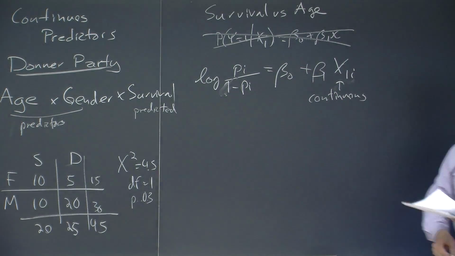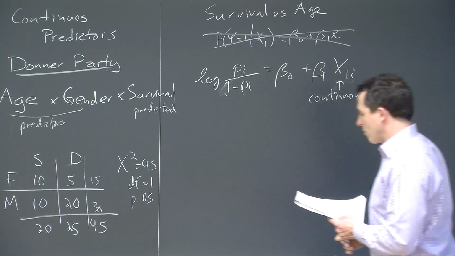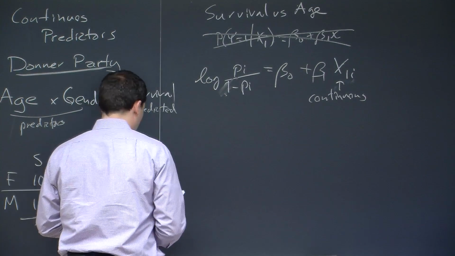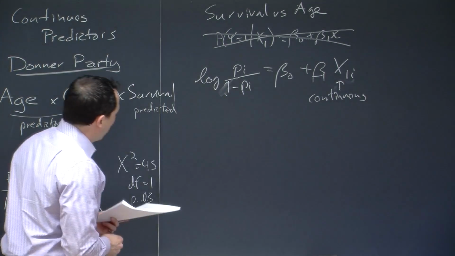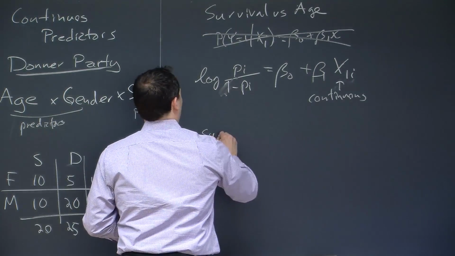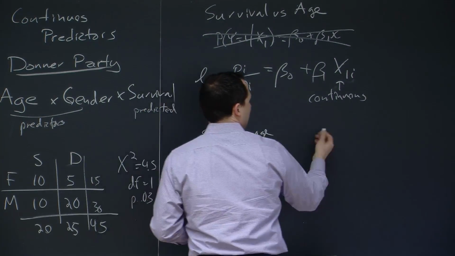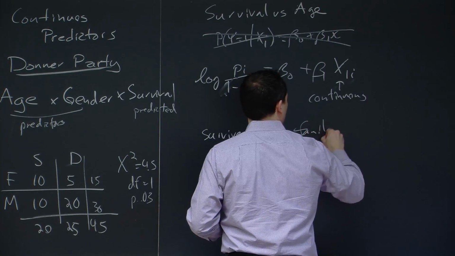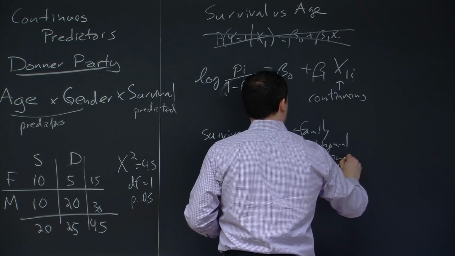It's not perfectly continuous because we just have years, but if we plug this into R or SAS, we give it a formula like predict survive versus age, and tell it what family to use, binomial with link logit.